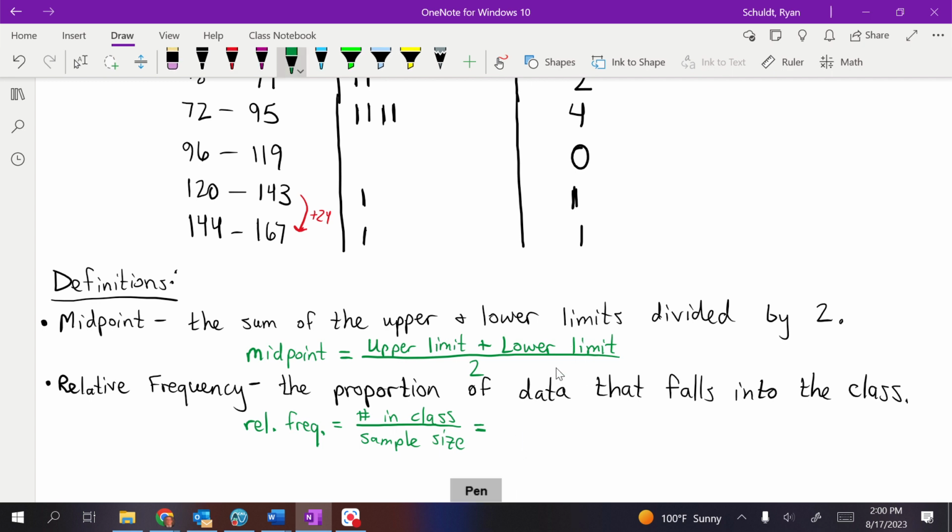That is one way. I think the way that's on your chart, if it's there, is F over N. So the frequency divided by the sample size. Remember, sample size is lowercase n. Okay.